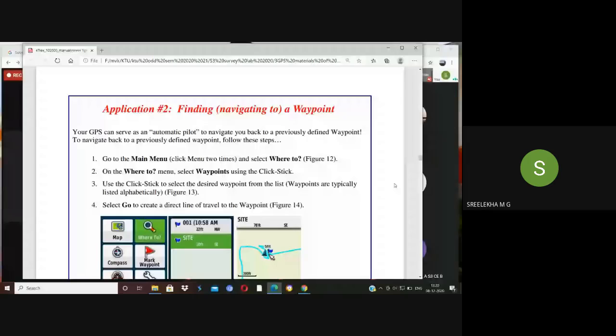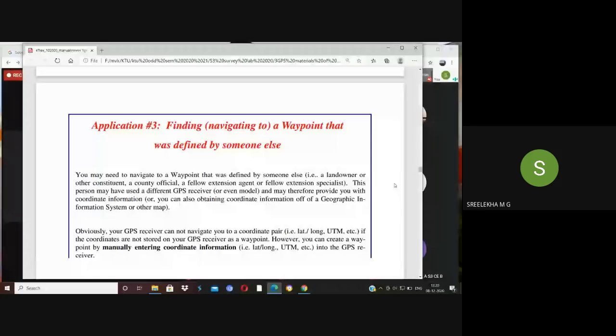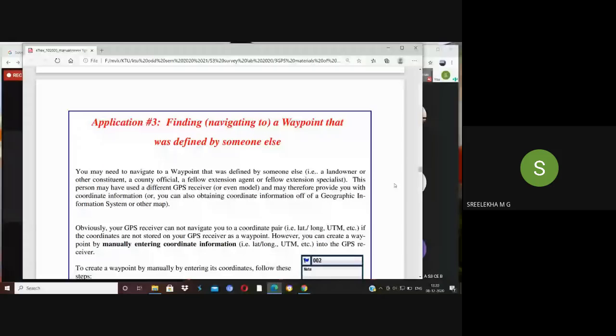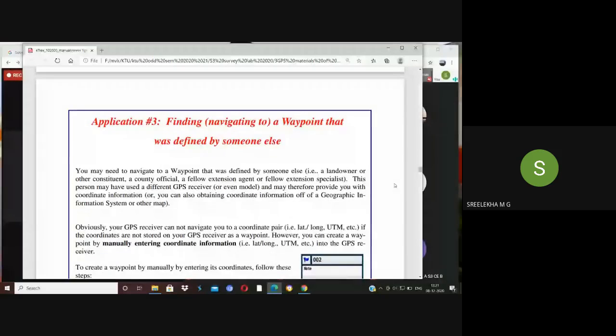Similarly, the next application is finding or navigating to a waypoint that was defined by someone else. That is, some survey has already been conducted on the previous day and we have to continue with that. And the area also.